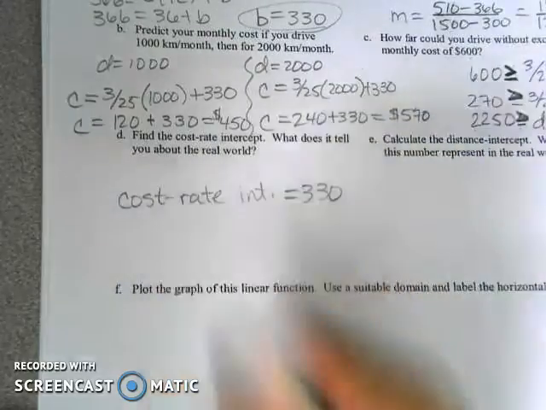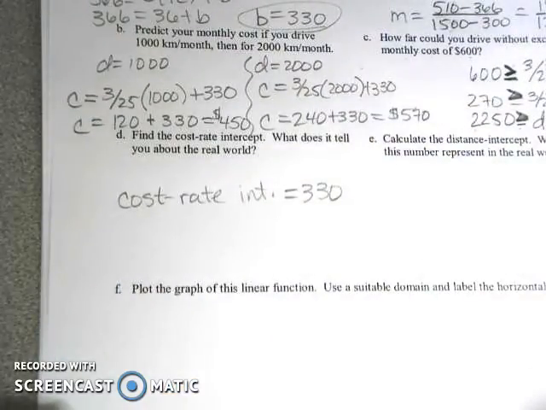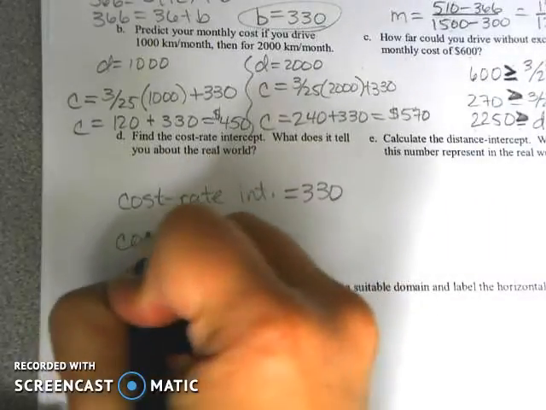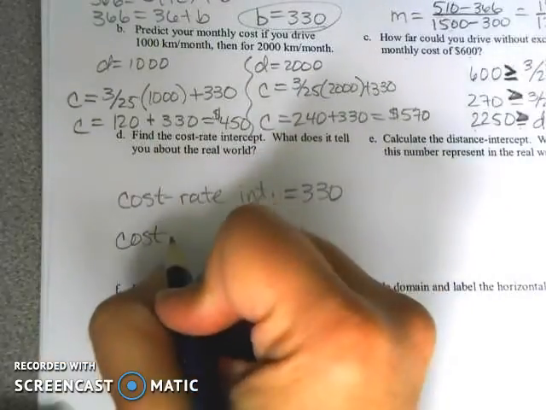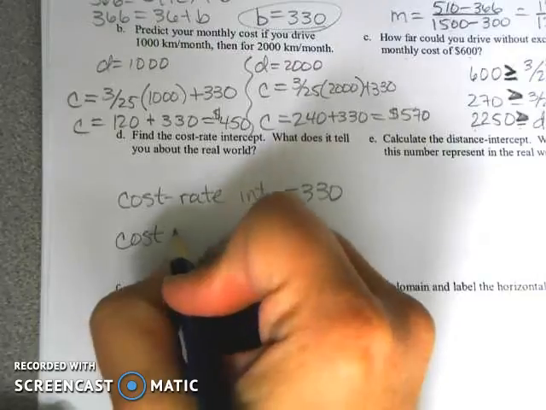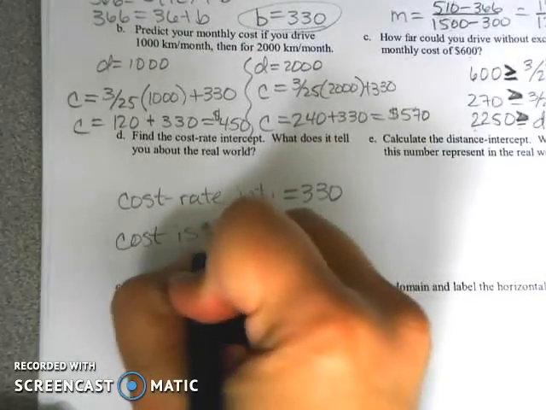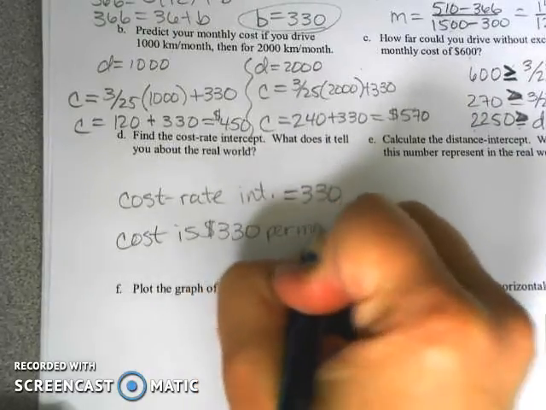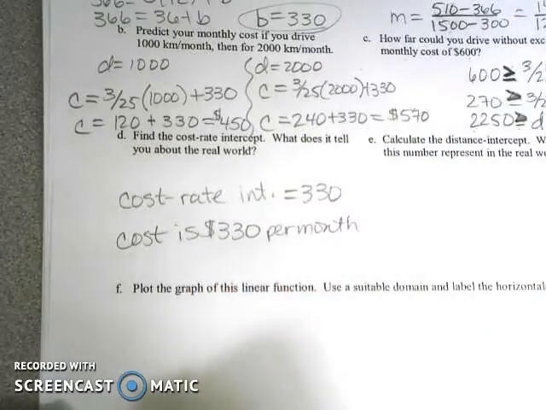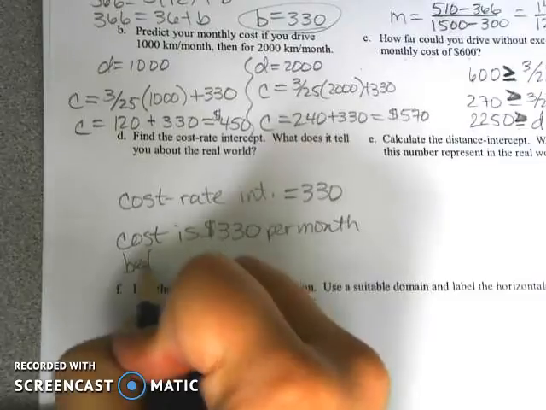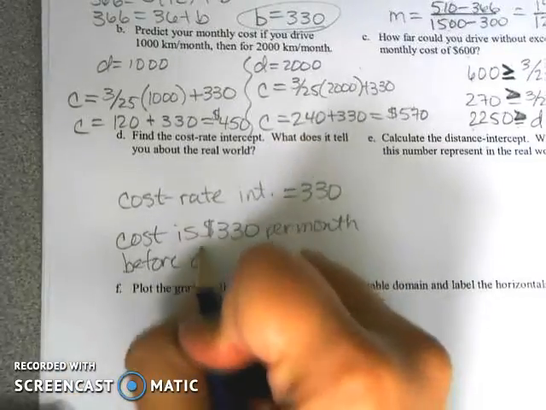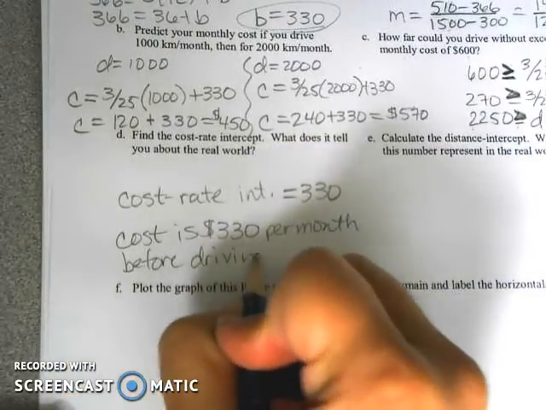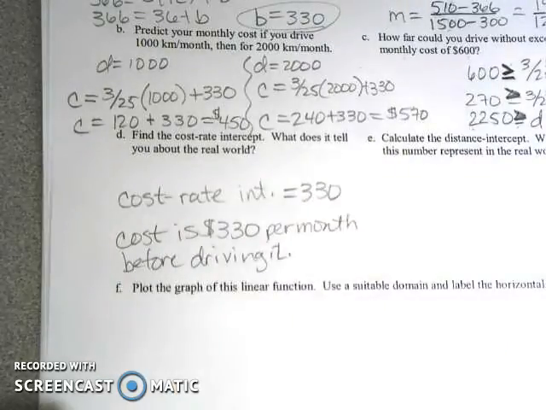What does that tell us? That tells us that the cost of the car, even without driving, is $330 per month before you even drive it, even 1 kilometer. That's what that's telling us.